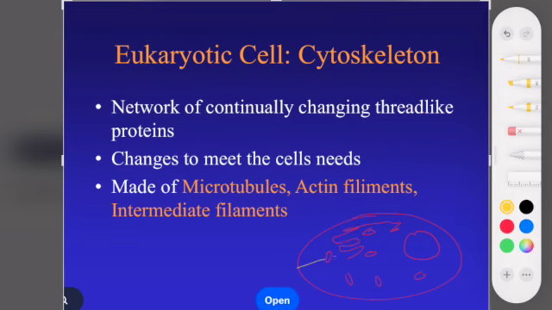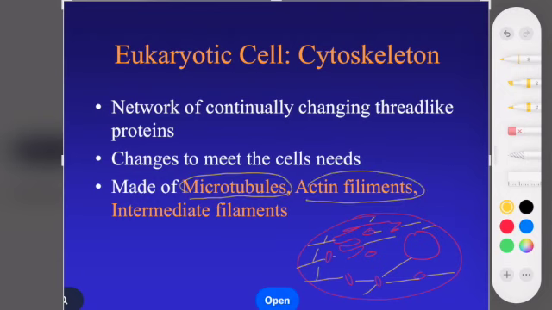These things aren't just floating around. There are proteins that help attach them to each other and to the cell membrane. You have 3 different types of proteins here: microtubules, actin filaments, and intermediate ones that kind of crisscross. It's like a mesh network of proteins all throughout the cell that give it its shape.